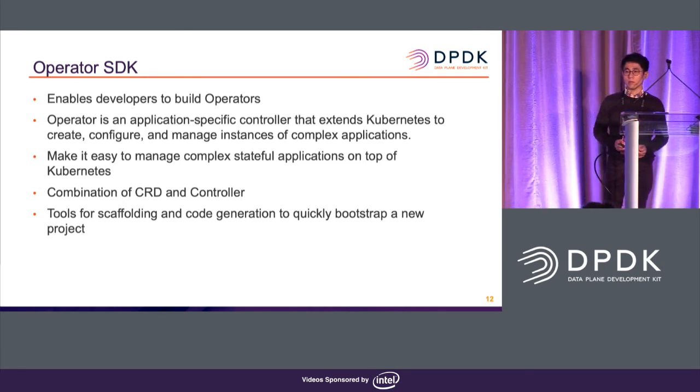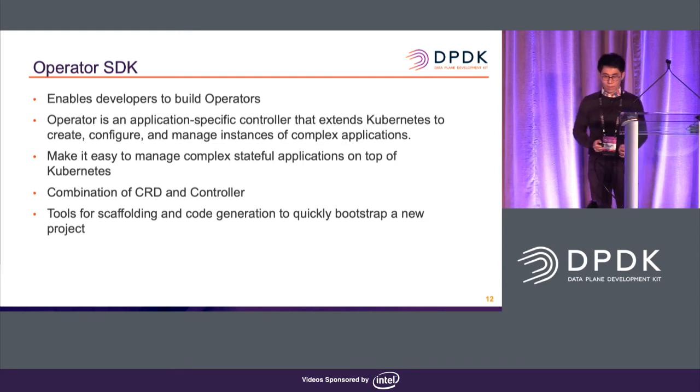It means that you can define any resources in a YAML file and give it to Kubernetes for managing a customized application. And Operator SDK itself is a tool for scaffolding and code generation to quickly bootstrap a new project.